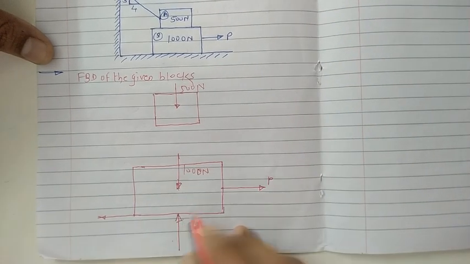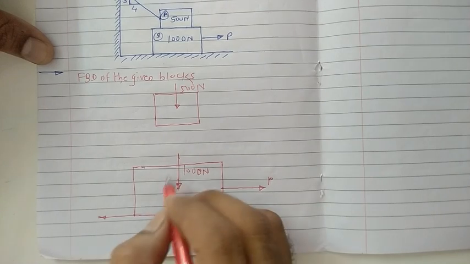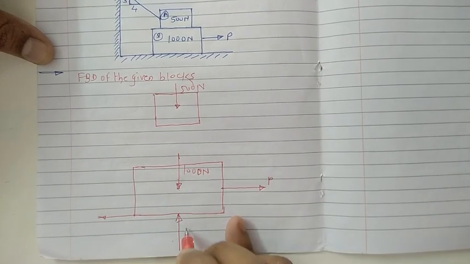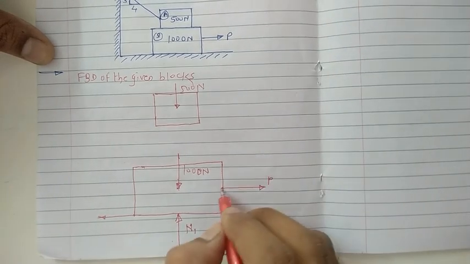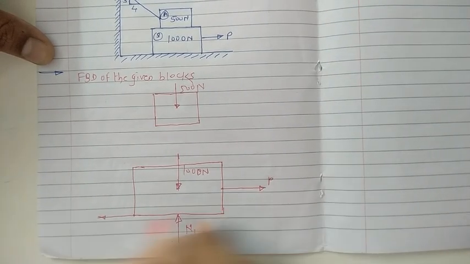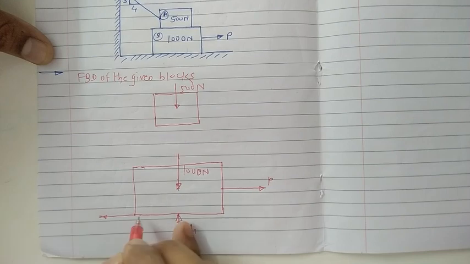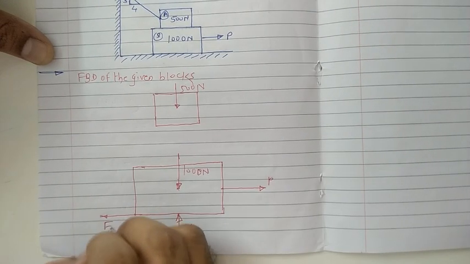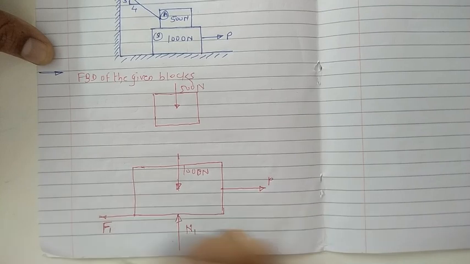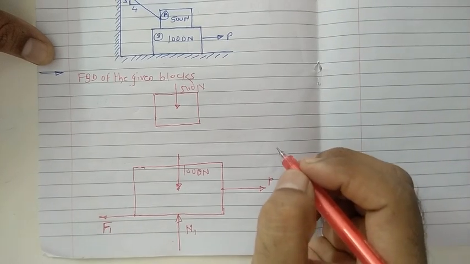Just consider the reaction between this surface and this one as N1. Now this force is applied towards this direction, and in the reverse direction we get the frictional force. This is nothing but F1.